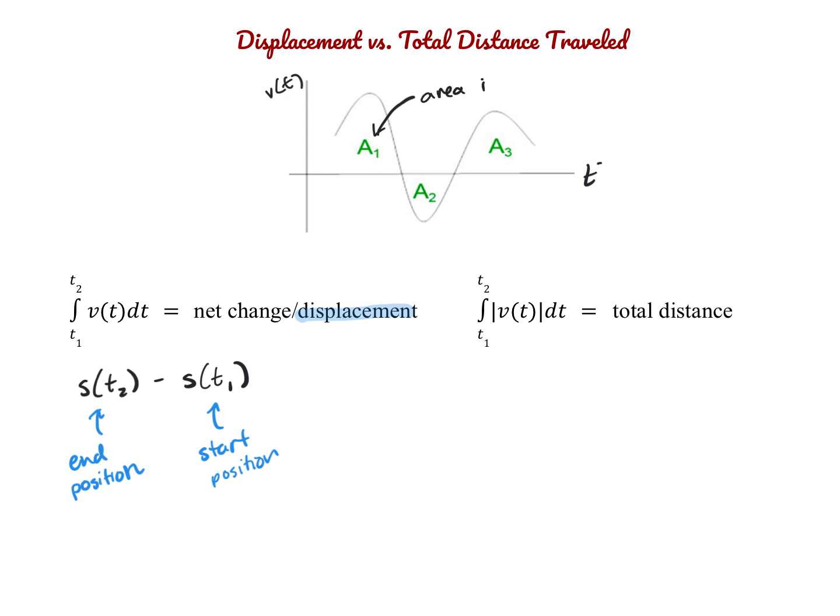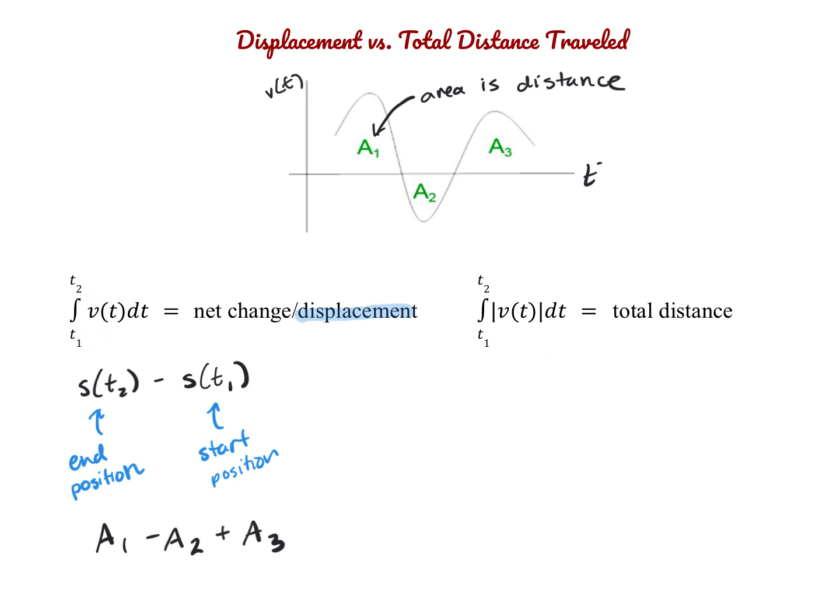So if we were to evaluate this integral using this graph, it would be A1, and it's positive because here it's above the x-axis, but then here you'll notice that it's below the x-axis, so it's actually minus A2 and then plus A3. So we are taking into account the fact that this is moving now in the negative direction. Whenever velocity is negative, remember it means that your particle is moving in the negative direction. So this would be the representation of this integral.